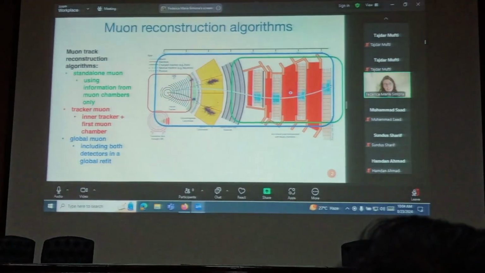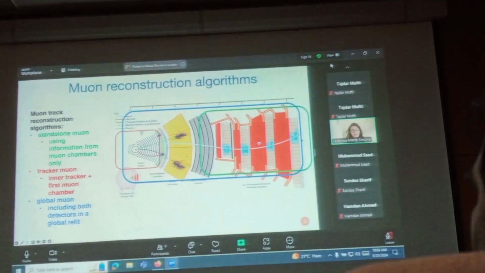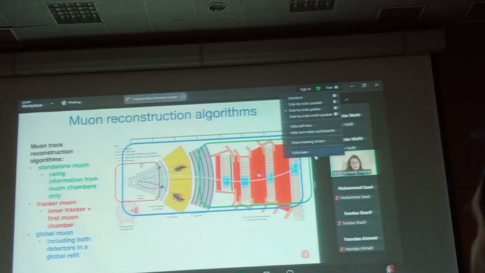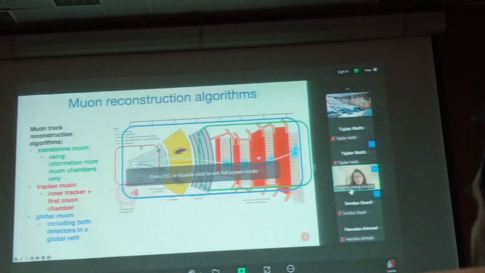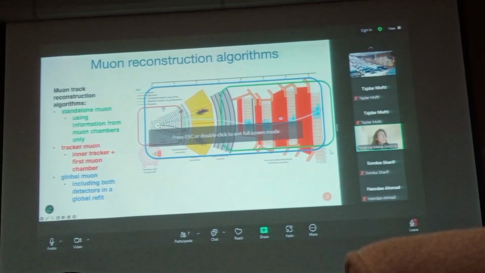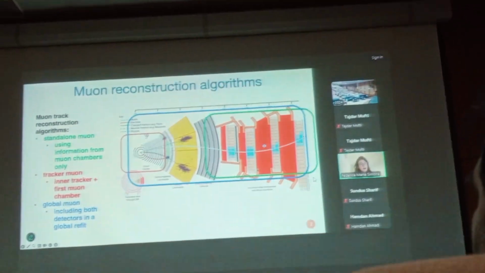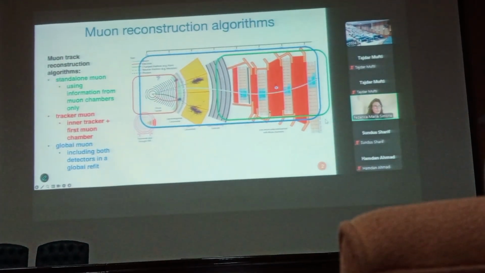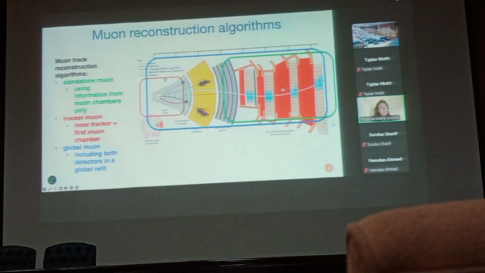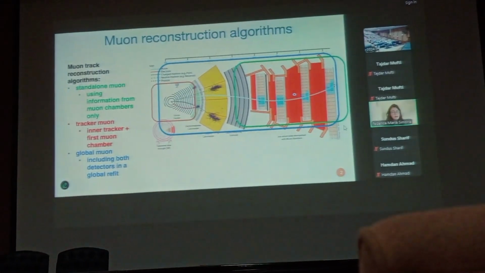We discussed how the different detectors enter in the muon tracker momentum measurement and the role of the magnetic field, and now we put together the different phases, right? So there are basically three main algorithms for reconstructing muons. Here we are assuming muons are directly coming from the proton-proton collision vertex or close by.